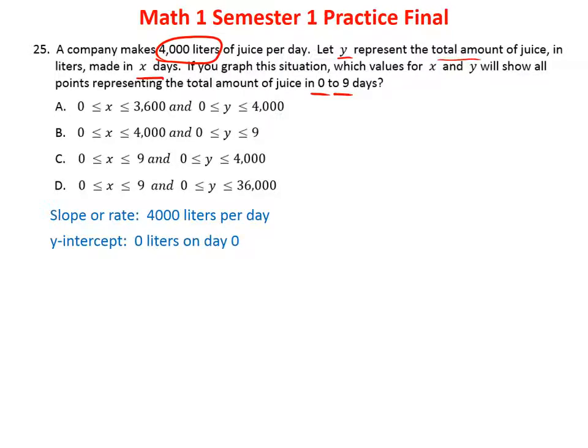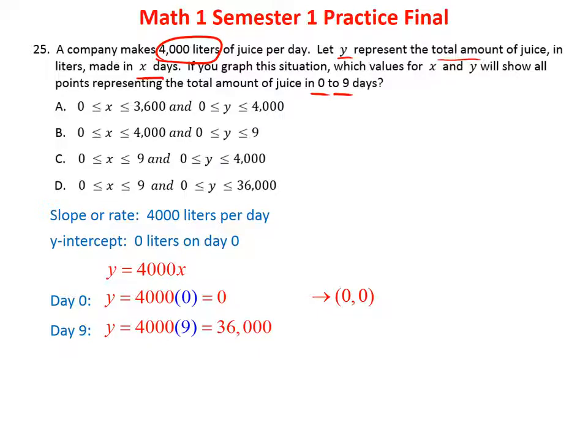If X is our days, we have a y-intercept of 0 and a rate of 4,000 liters per day. Our equation is essentially the amount of juice is 4,000 times the number of days. 1 day, 4,000, 2 days, 8,000, 3 days, 12,000, etc. So what is our domain and range going to be? Well, day 0, it's 0.